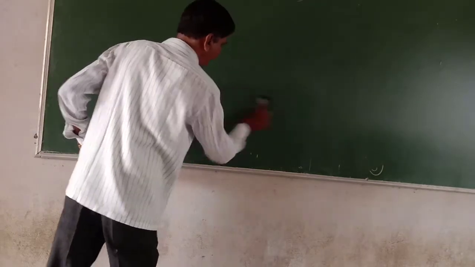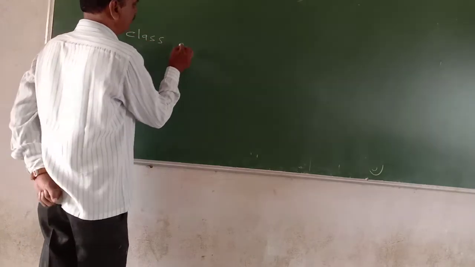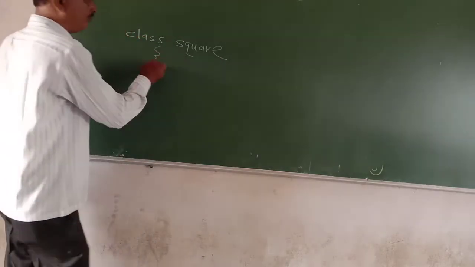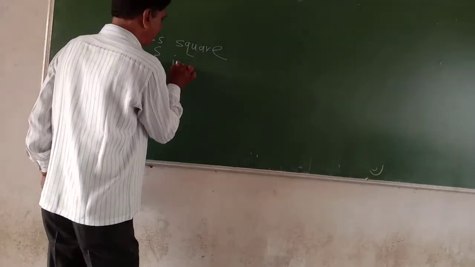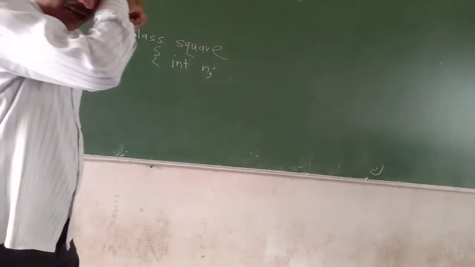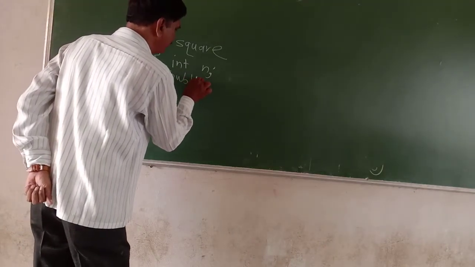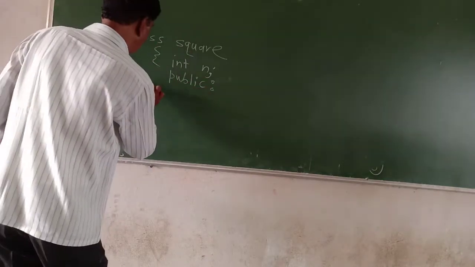Now we will define the class. The name of the class is square, and it is told that there is one data member, say integer n, and the function must be declared under the section public, and the name of the function is S2.